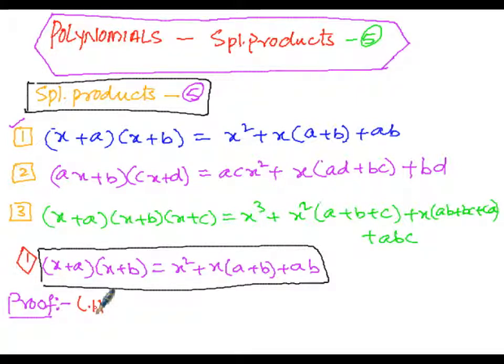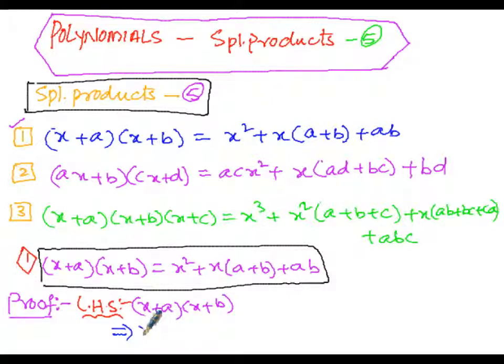So here the LHS quantity is (x + a)(x + b). We have to multiply these two polynomials horizontally by the algebraical method. I am going to multiply the entire second expression, x + b, with the first term of the first expression, that is x, and then with the second term, a.